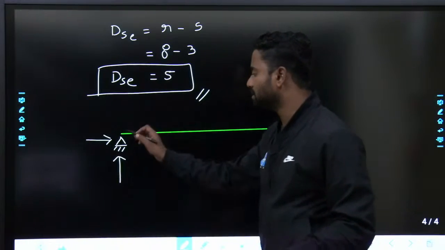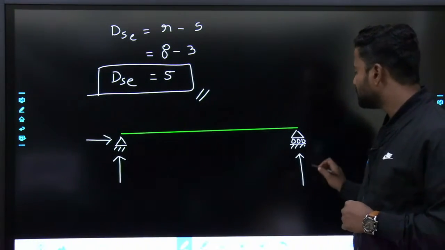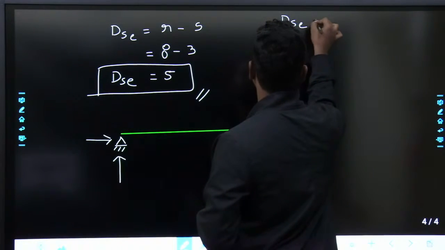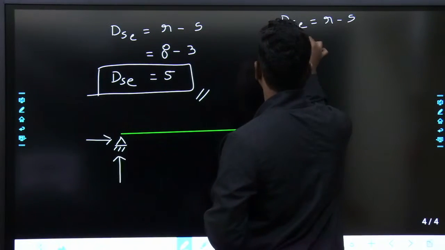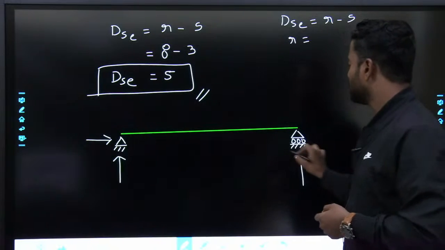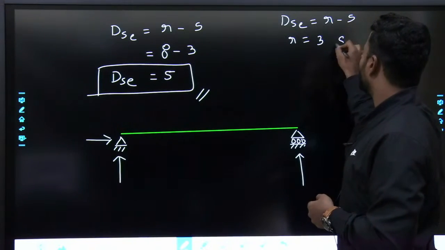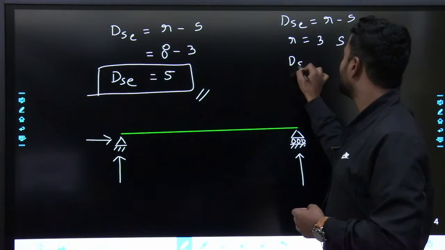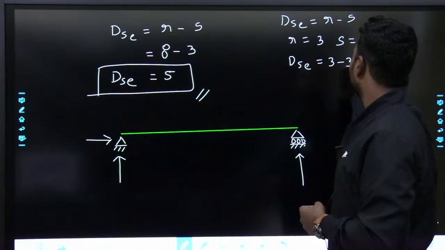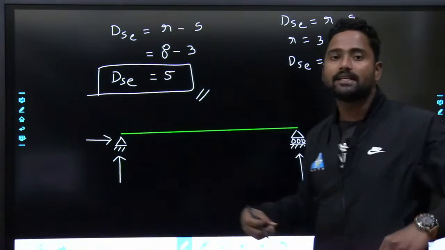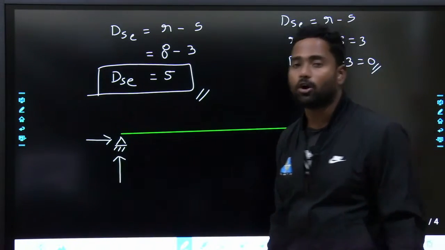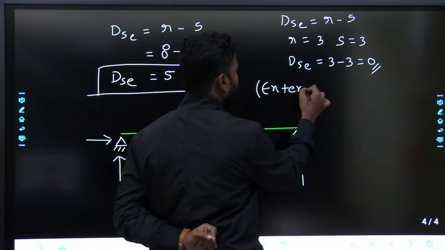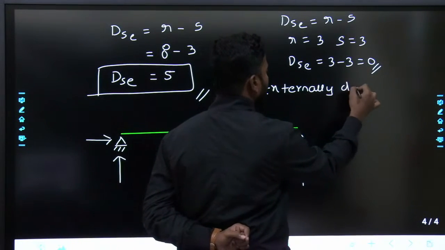If I have to calculate DSE, R minus S, the number of reactions is 2 plus 1, 3. The number of equilibrium equations is also 3. So DSE is 3 minus 3, that is equal to 0. If DSE is equal to 0, then I call the structure externally determinate.